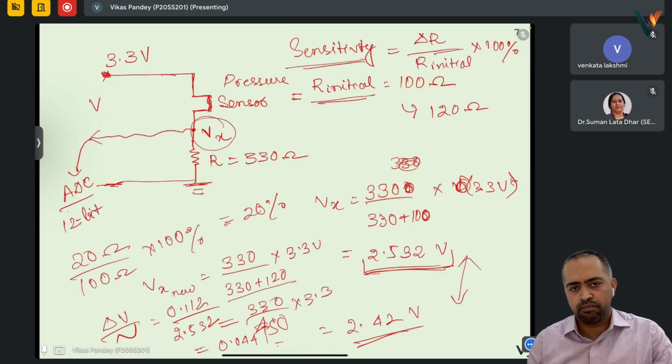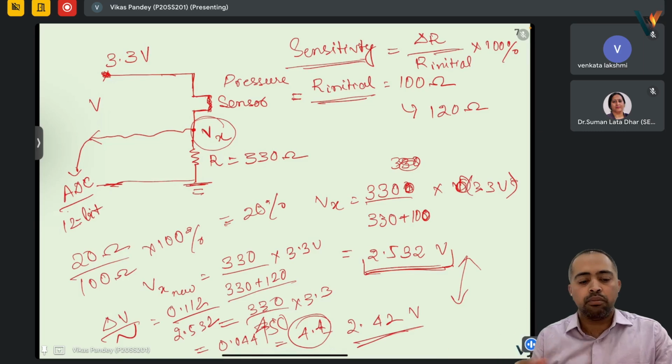Then we can convert into percent as 4.4%. So now we can have a linear mapping: a 4.4% change in voltage corresponds to a 20% response.